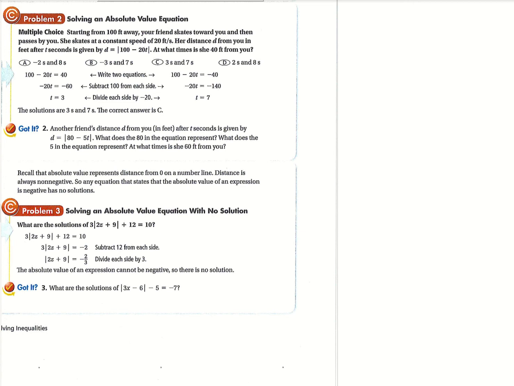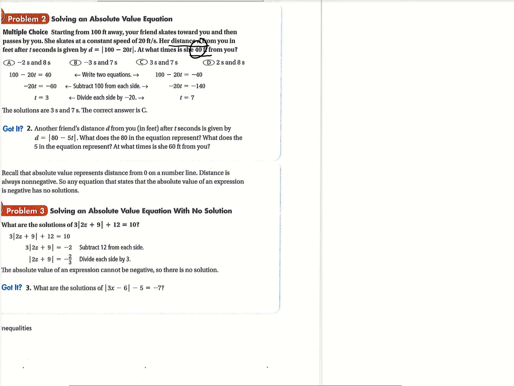At what times is she 40 feet from you? One thing I'm going to notice right away is that 40 feet is the distance you're looking for. So we can plug in 40 for d anytime we see a d. Our original equation will then be 40 equals the absolute value of 100 minus 20t.